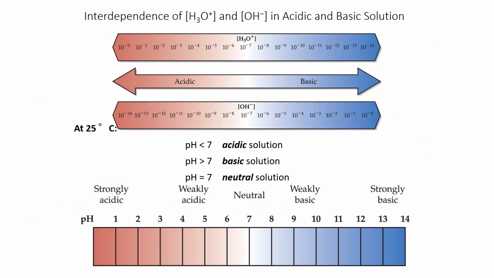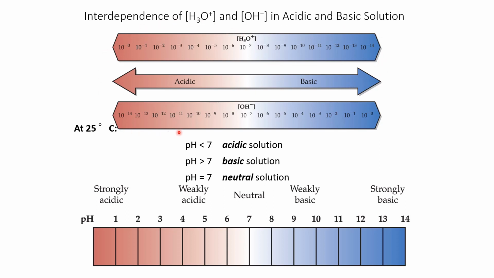All right, so the interdependence of H3O plus and hydroxide in an acidic and basic solution. If you look at these up here, the hydronium is equal to hydroxide right here, and that's where it's neutral. On the basic end, the hydroxide is greater than the hydronium, and if you multiply them together, you end up getting 1 times 10 to the negative 14th.